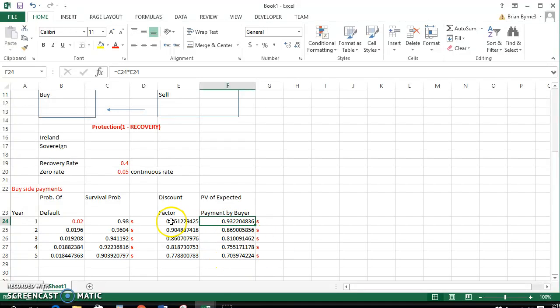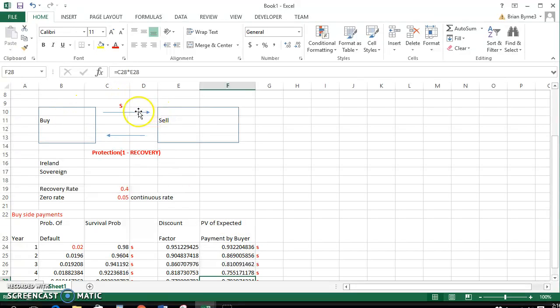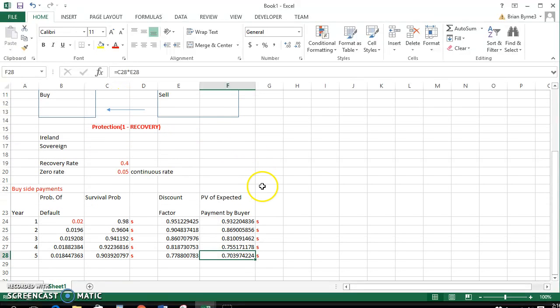So the effect of the discounting and survivorship is quite dramatic, and the buyer doesn't pay the full 5S.